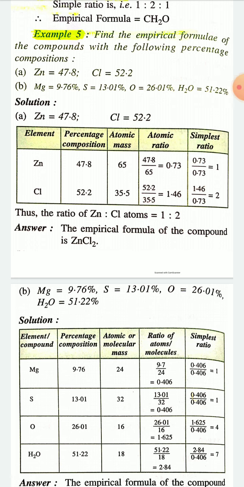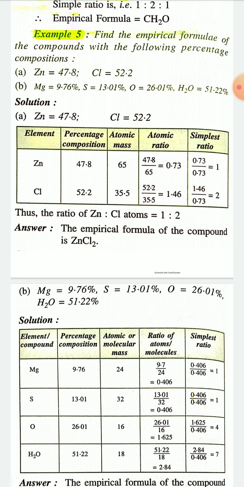I have told that first the percentage composition of each respective element will be given in the question, and then you have to find the atomic ratio by dividing the percentage composition of each respective element present in the molecule by their atomic masses. And then after that you have to find the simplest whole number ratio.